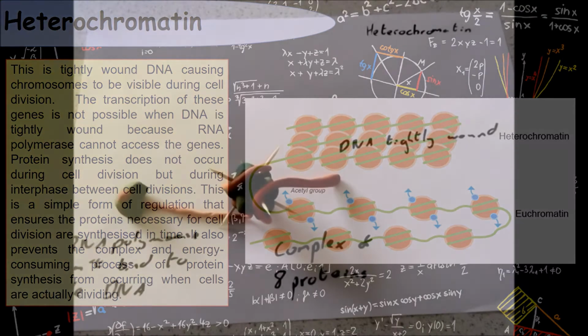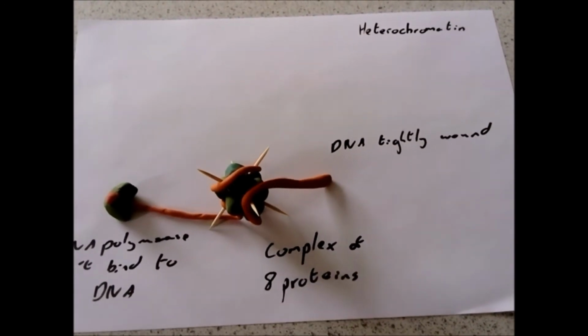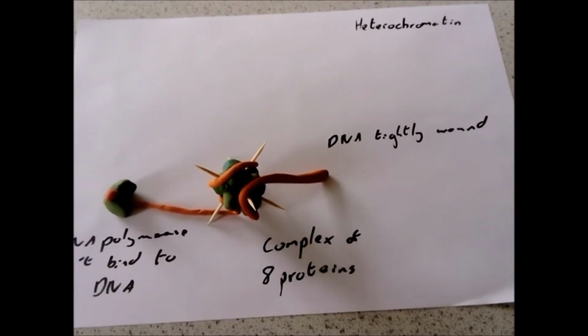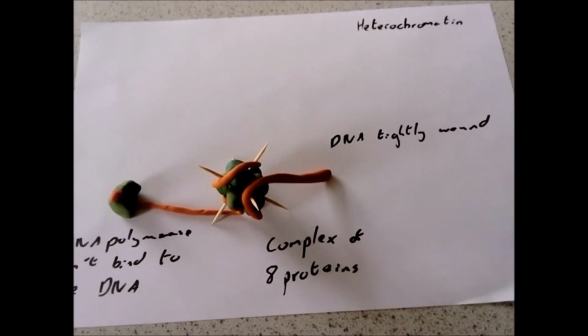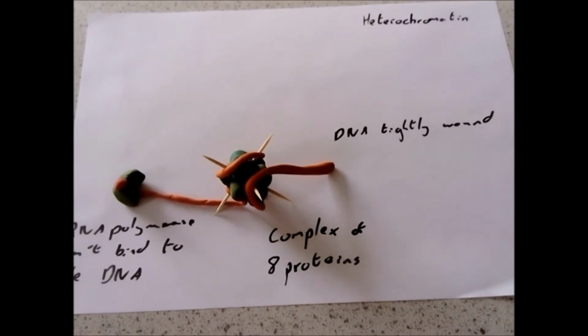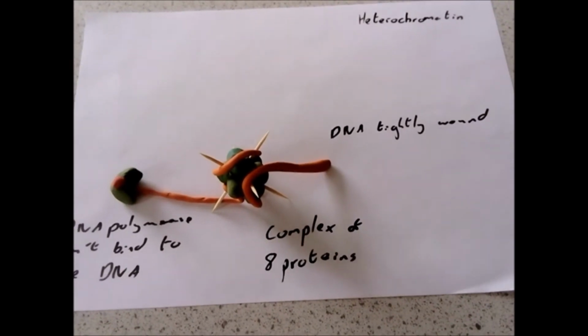The second type of gene control is when the DNA is wrapped around a protein complex to form heterochromatin. This happens during mitosis and it causes the chromosomes to condense.